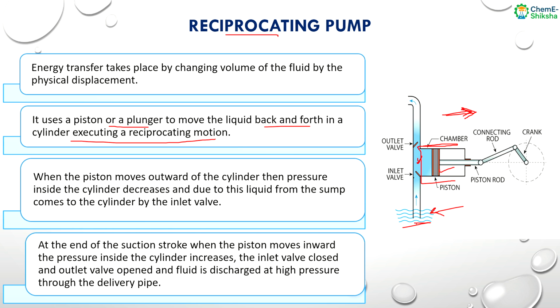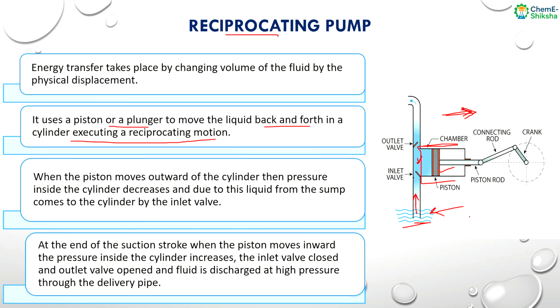From this sump the liquid will transfer to this cylinder, because the pressure is decreased in this part, and we know liquid flows from higher pressure to lower pressure region through this inlet valve. This is the suction stroke, when the piston moves in the outward direction.